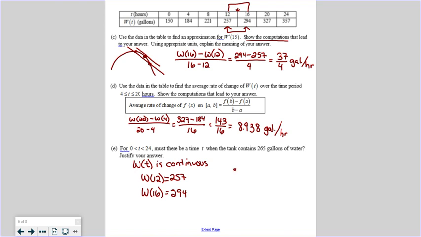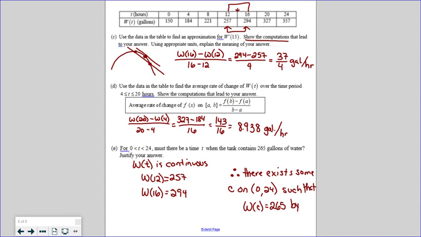And so a little math symbol here, therefore, there exists some C or T, the intermediate value theorem uses C, so I'm going to say C, on the interval from 0 to 24, such that W of C equals 265, and this is also the key. And I know this by the intermediate value theorem.